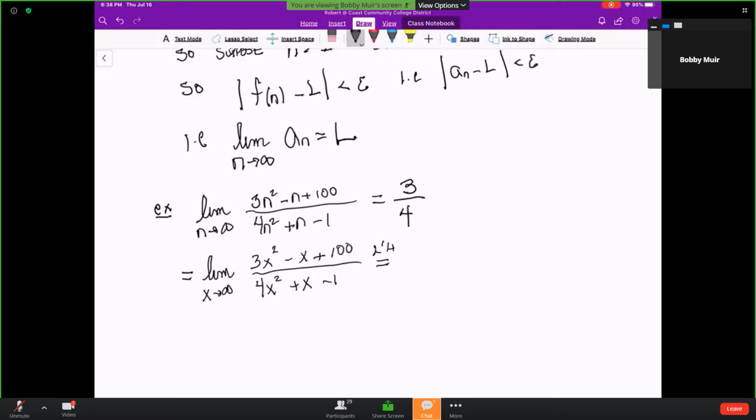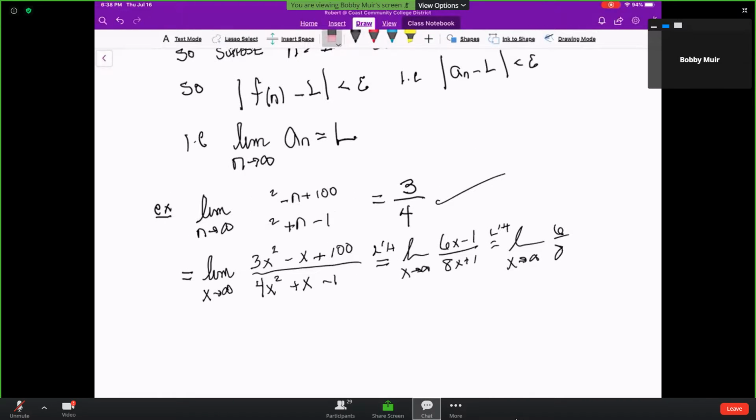We would L'Hopital it and get the limit as x goes to infinity of 6x minus 1 over 8x plus 1, infinity over infinity, L'Hopital it again, limit as x tends to infinity of 6 over 8, and it's 3/4. Now, you wouldn't do this. Back when we were in pre-calculus, you just identify these guys.